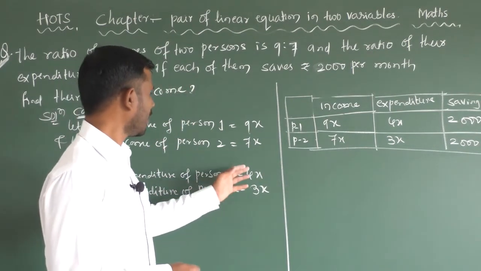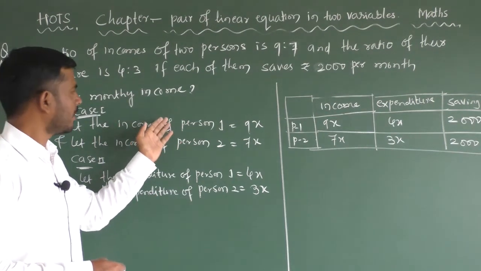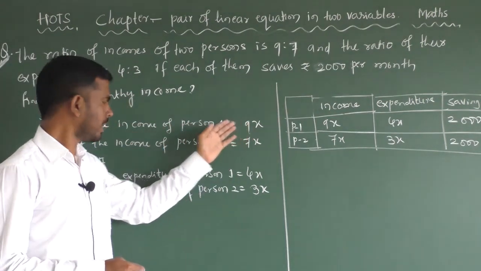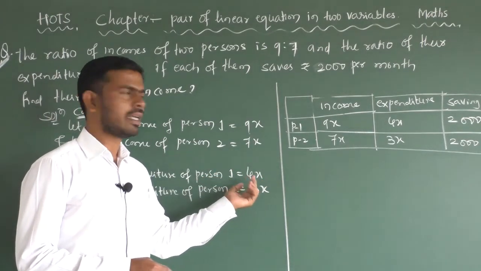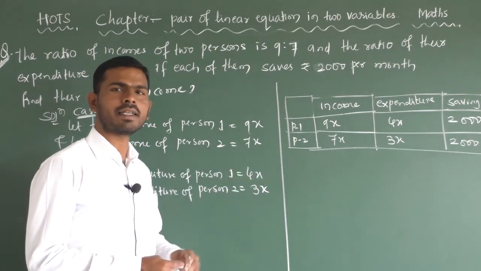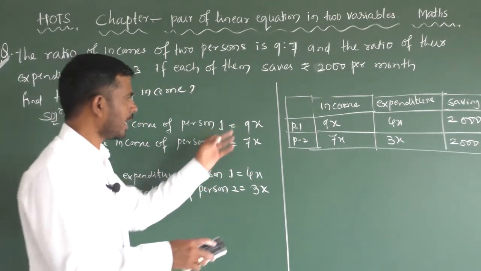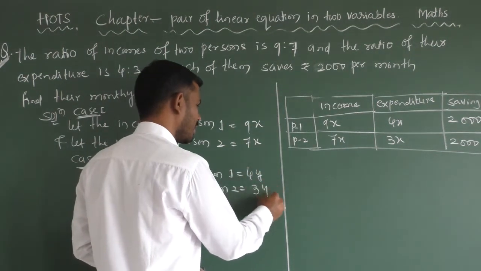Sorry, we have to take y here, because the income of the first person is 9x and the expenditure of the first person is 4x. If both are x, we won't get the answer; 9x minus 4x would just give 5x. That's why the expenditure must be y.